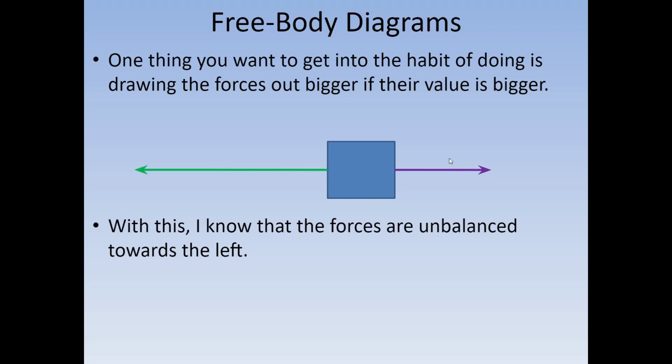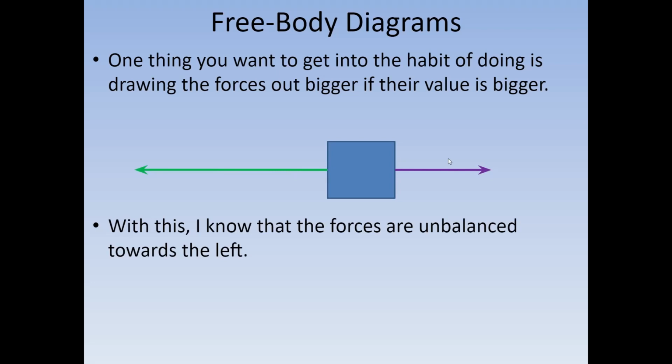I mentioned before that a lot of times you're going to be drawing FBDs on tests and exams. One thing I wanted to point out is that when you're drawing those FBDs, they're going to have grid paper. So they actually do want you to draw the arrows to relative scale.